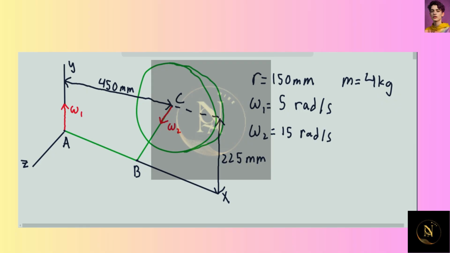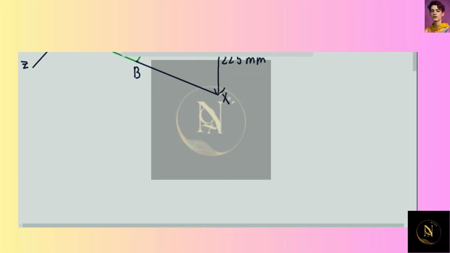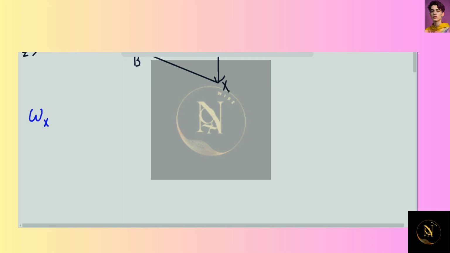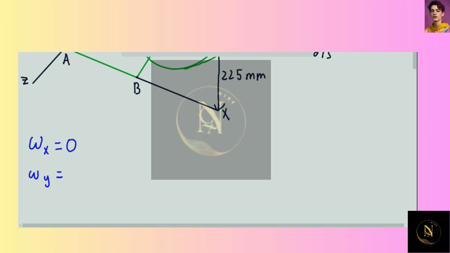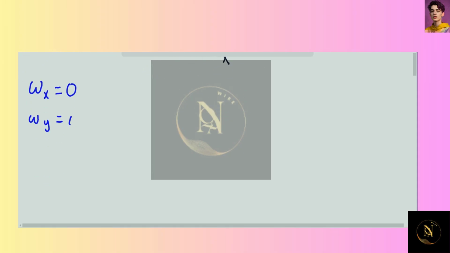So to start solving this problem, we're going to write the different components of the angular velocity in the different directions. So I've already said that the angular velocity in the x direction is equal to 0, and the angular velocity in the y direction is going to be equal to this omega 1 here, which is given as 5 radians per second.